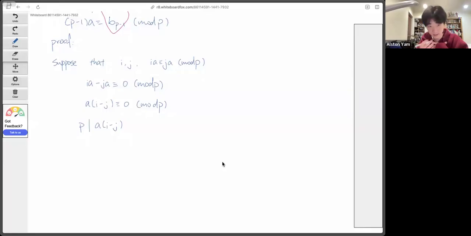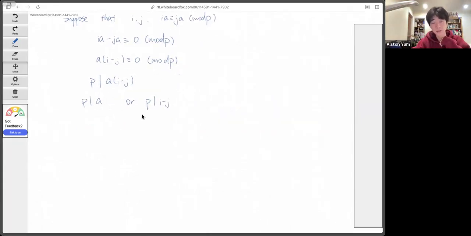And when p divides this, and we know that p is a prime, that was why we supposed that n was a prime, we know that it must be that p divides a or p divides i minus j, because p is a prime.